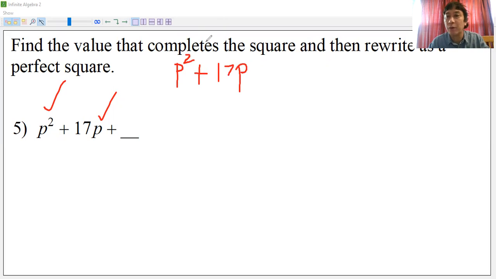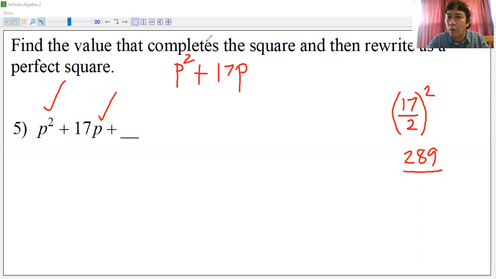You will now use the 17, and then you will divide by 2. The result, you're going to square it, and the result of this is 289 over 4.